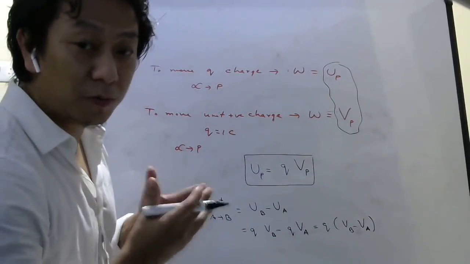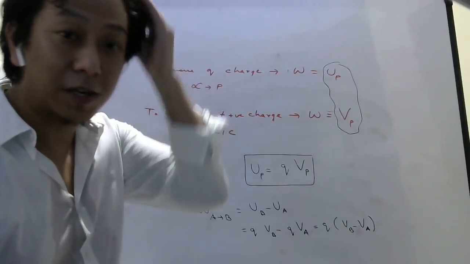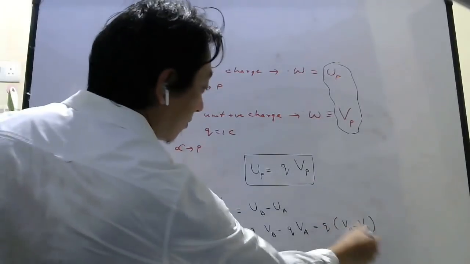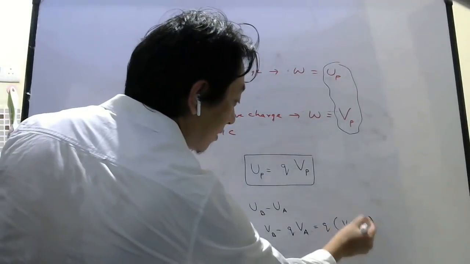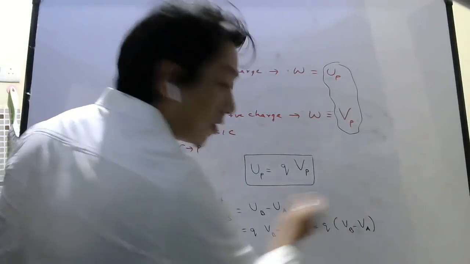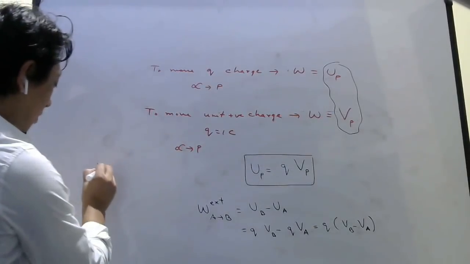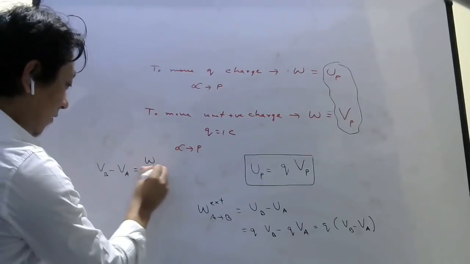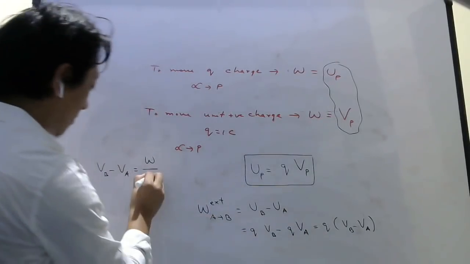So in school, you may be remembering the definition of potential difference. You remember, right? In school. So if you look at potential difference, this is your potential at B. This is potential at A. So what is this? Potential difference. What will be potential difference if you see carefully? It will be work done divided by this Q. Right?